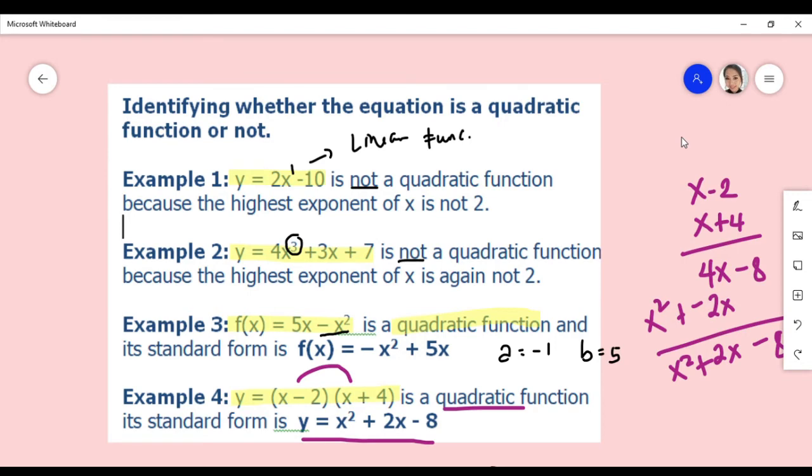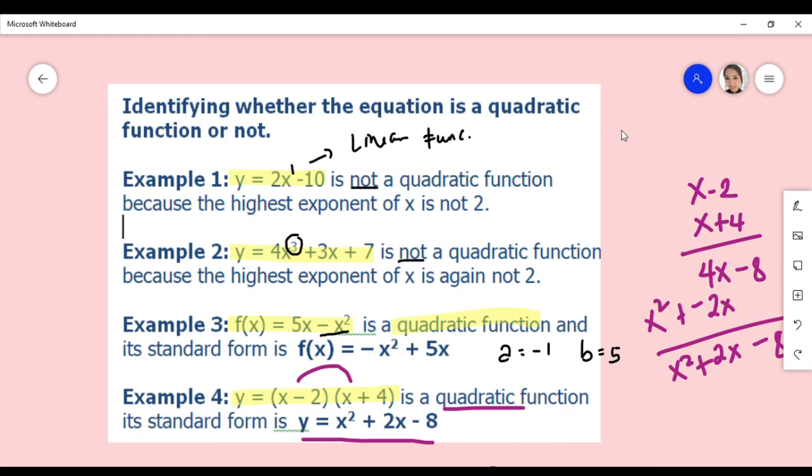Let's review. Given an equation, we know it's a quadratic function if on the left side of our equation is the variable y or f of x or any function, and on the right side the highest degree should be 2, or the highest exponent of our variable x should be 2.